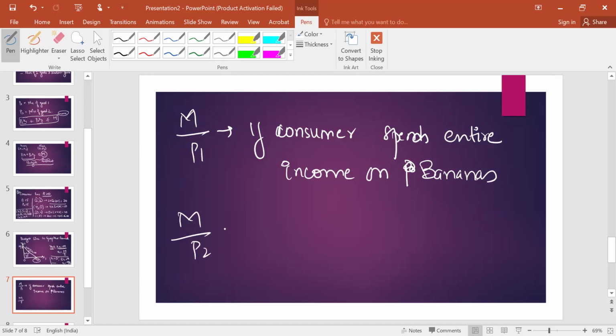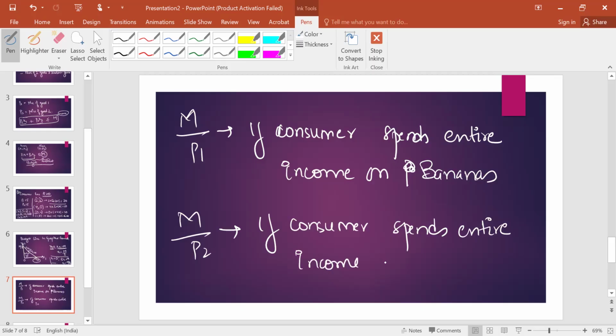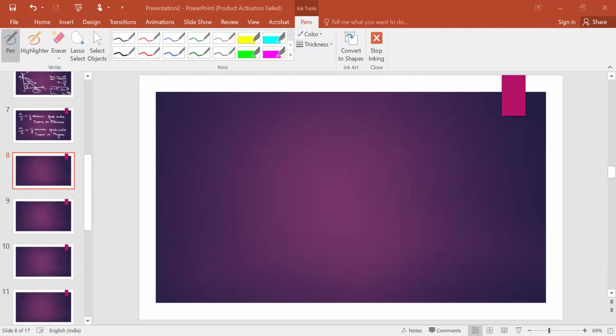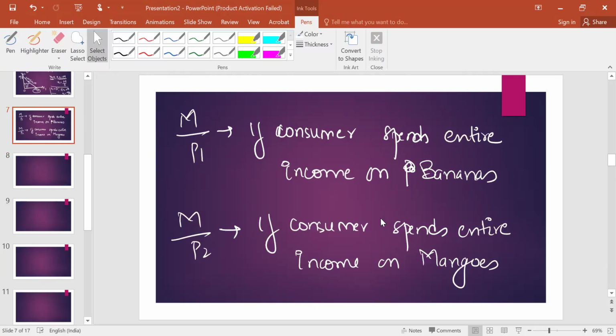And M by P2 denotes that the consumer spends the entire income on, let's say, oranges or mangoes. So this is what we can derive from that equation.